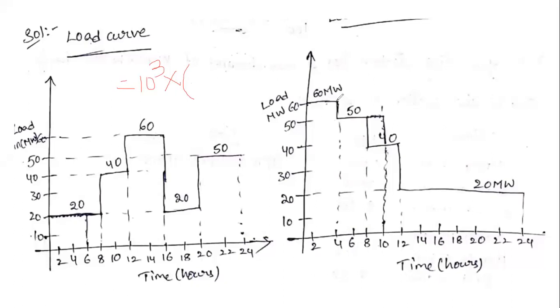First of all, 60 megawatts will be uptime 0 to 4 hours. Therefore, 4 into 60. By using the load duration curve, we easily calculate the area.